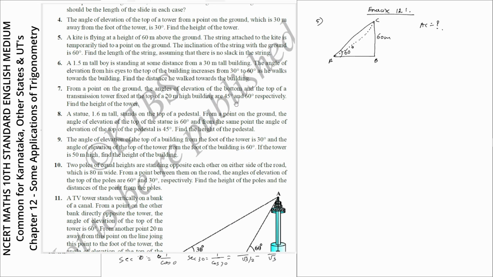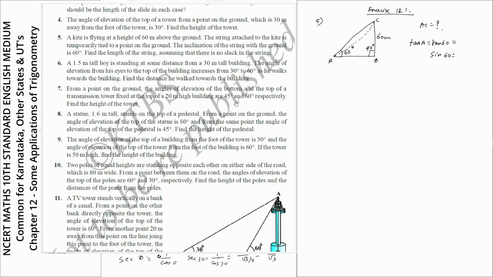So what is AC? So this is 90 degree. Now you can see that this is a right angle triangle. Now what is tan of A? No, instead of that we'll take sine of 60 degree.